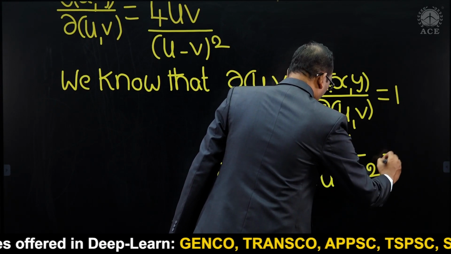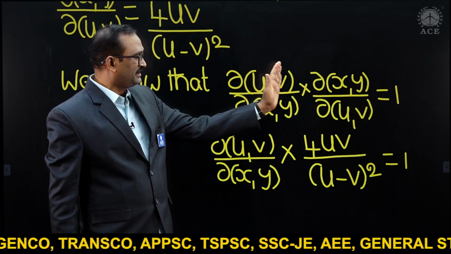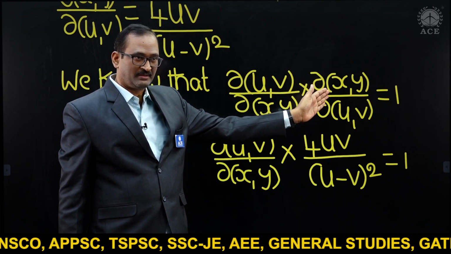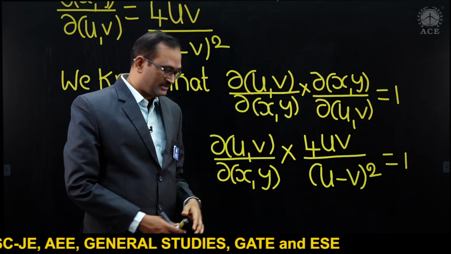This is a property. Actually that property is, it is assumed as J and J dash or J prime, so J into J dash is equal to 1. From that we can write this.